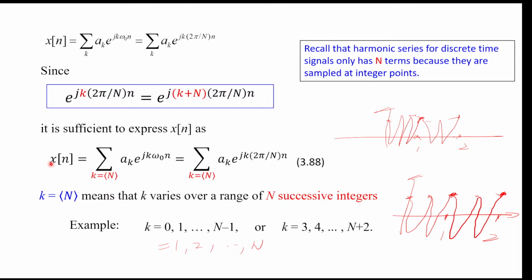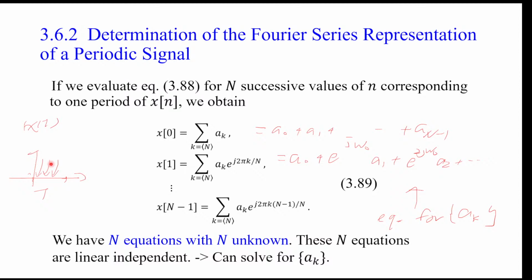We want to get the analysis equation, and the analysis equation is much easier to get now. If you think about this transition between x of n and a_k, x of n is a periodic function, right?